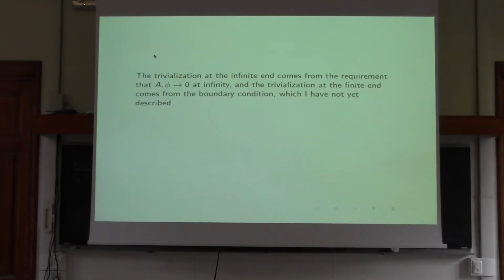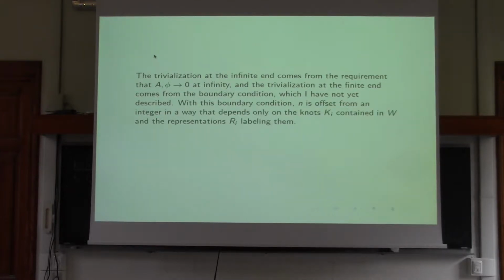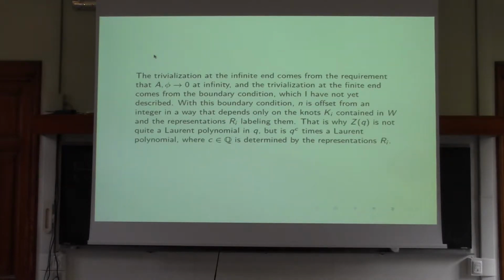The trivialization at the infinite end comes from the fact that everything goes to zero there, but the trivialization at the finite end comes from the boundary condition that I haven't yet described. With this boundary condition, n is offset from an integer in a way that only depends on the knots K_i and the representations R_i that label them. So because of this offset, Z of q is not a Laurent polynomial in q. It's q to the c times a Laurent polynomial, where c is determined by the representations.